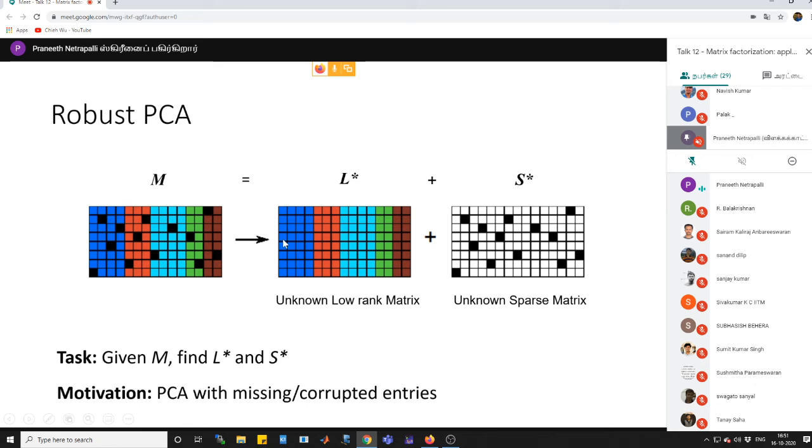Presumably the background will just stay constant for a bunch of time periods and then change maybe a little bit, and then again stay constant, and so there will be very little change in terms of the background. Whereas the foreground, you would expect that foreground will occupy very few pixels. So if you look at each column, right, there will be very few pixels that the foreground will occupy.